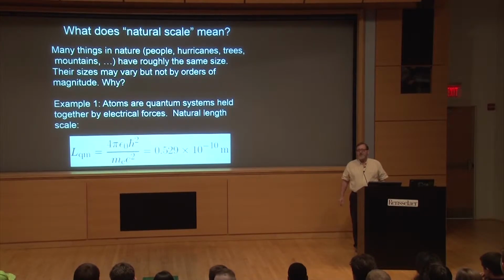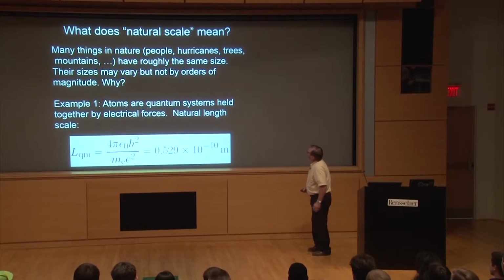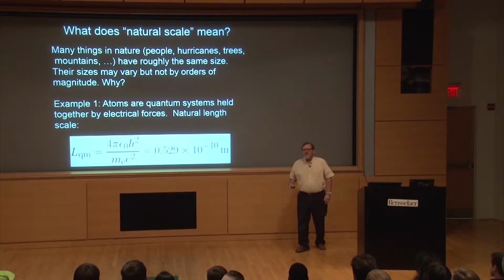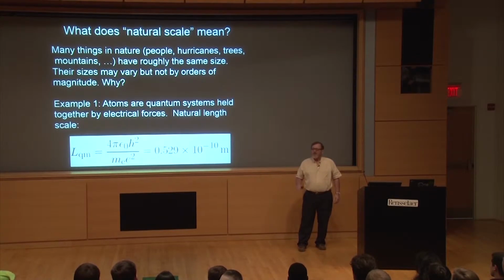There are no 10-meter people, there are no tenth of a meter people. And the same can be said of other things. Mountains, I guess there are small things. At the small end of the scale, it becomes, I think, a matter of semantics what you call a mountain or not. But the highest mountains are about 6 miles high, I think. There are no 60-mile-high mountains. That's telling you something important about what makes mountains.